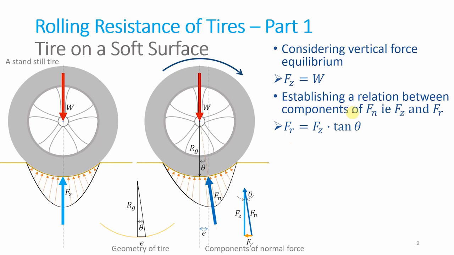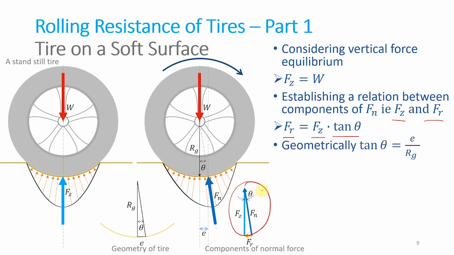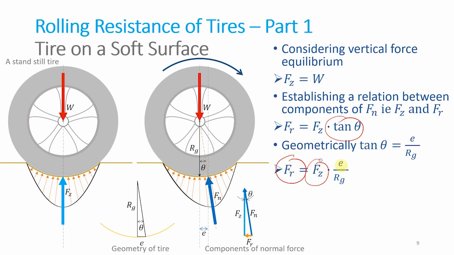Now let's establish a relation between the components of Fn, that is Fz and Fr. Fr equals Fz into tan theta. This we can very well get from this diagram. Now geometrically from this picture you can see that tan theta equals E by Rg, and replacing the tan theta here we get Fr equals Fz into E by Rg.